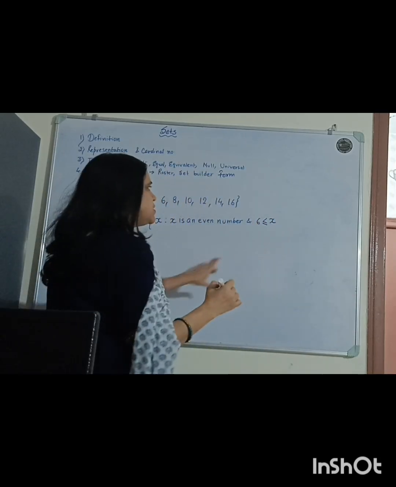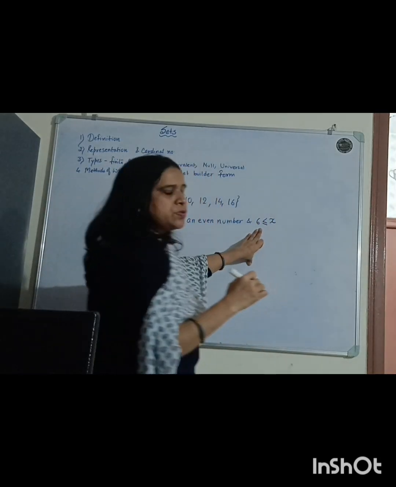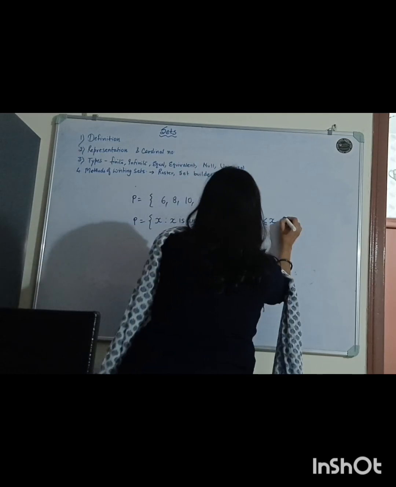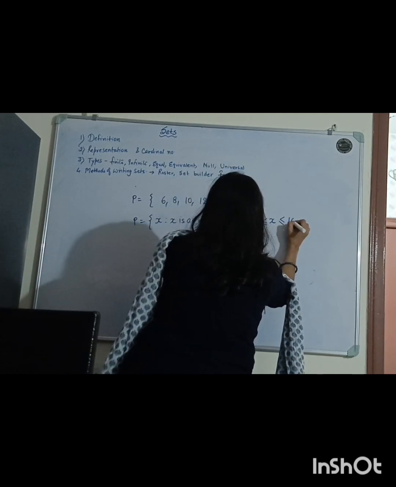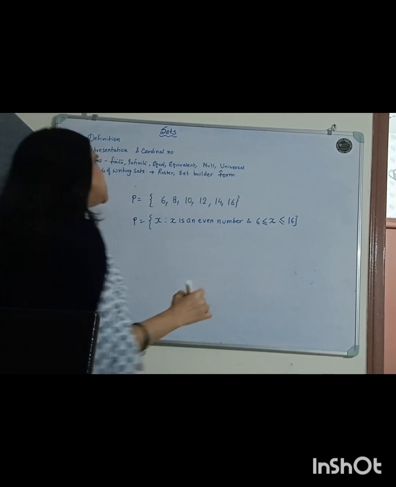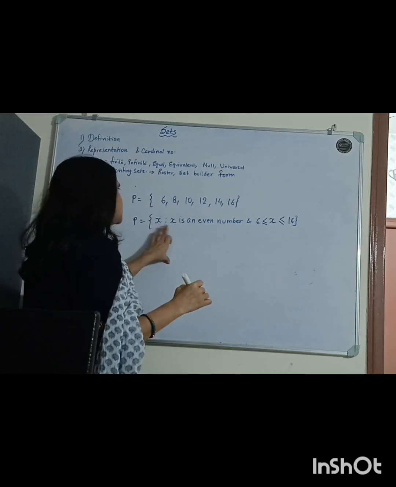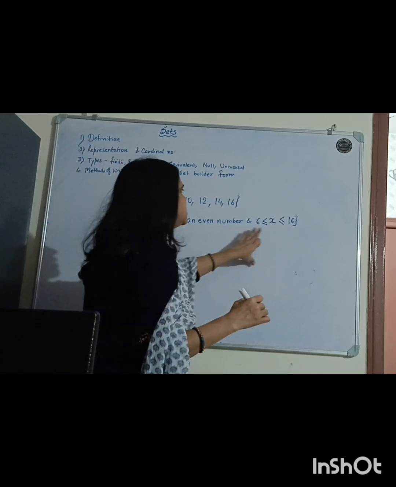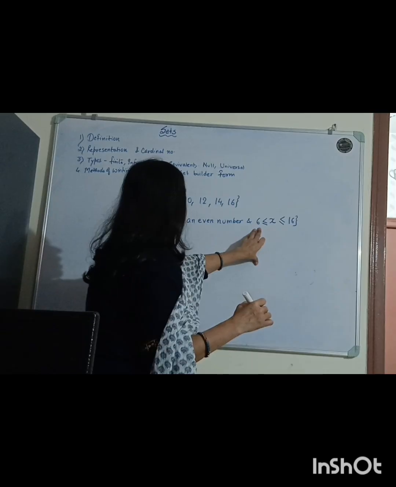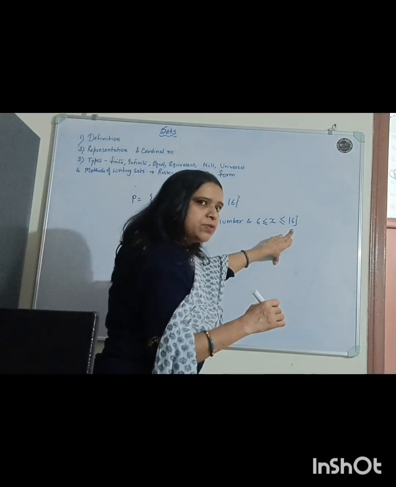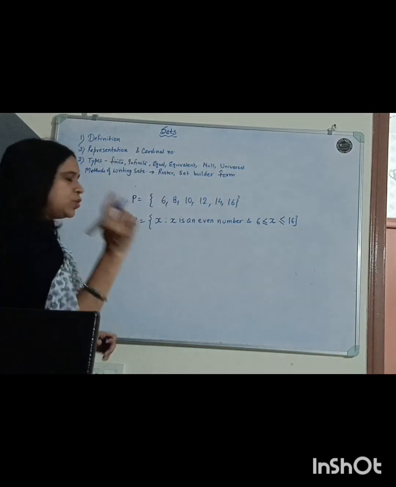I am writing it like this. This means x is greater than or equal to 6 and less than or equal to 16. In this way, we write the set in set builder form. So x such that x is an even number and x is greater than or equal to 6 and less than or equal to 16.